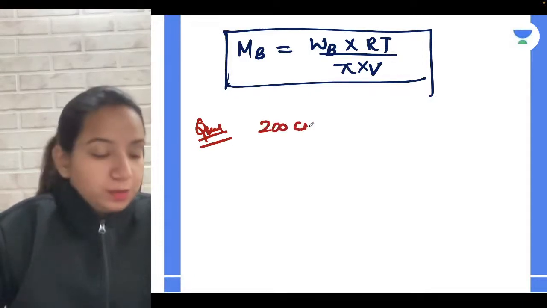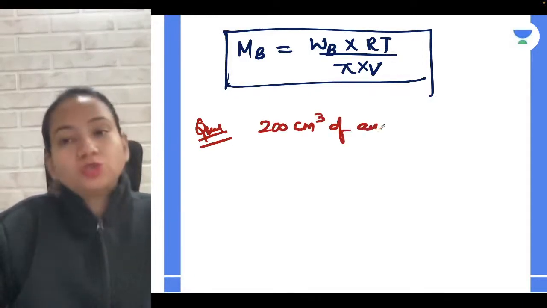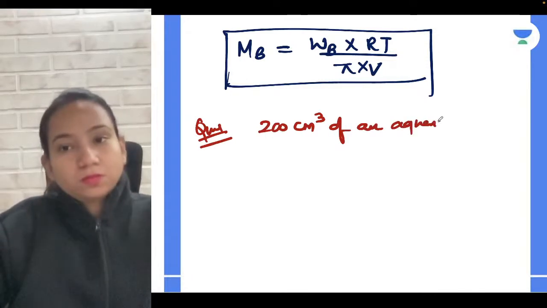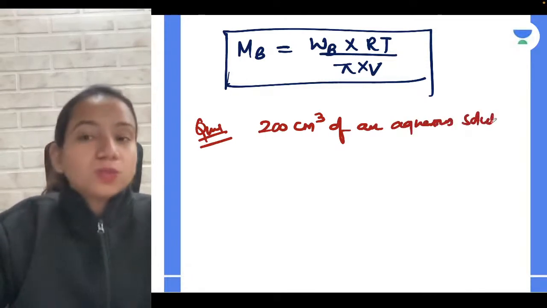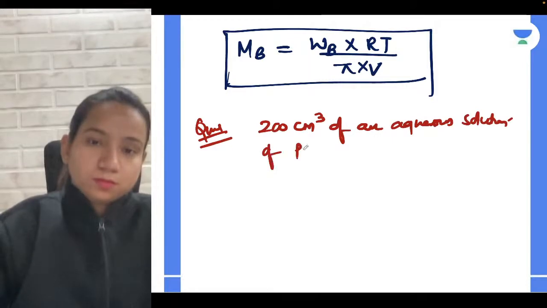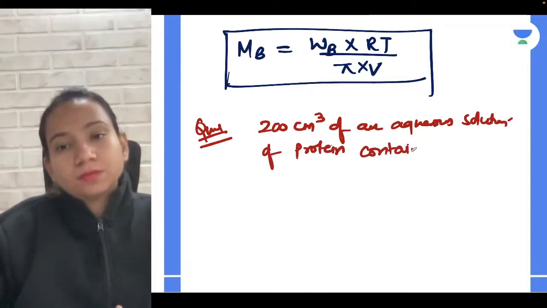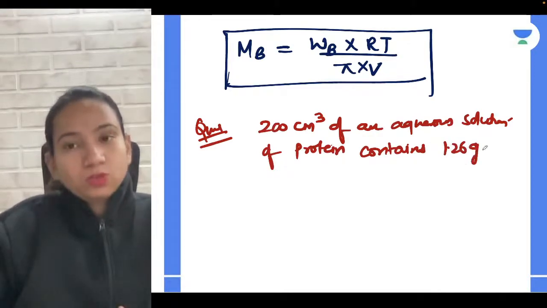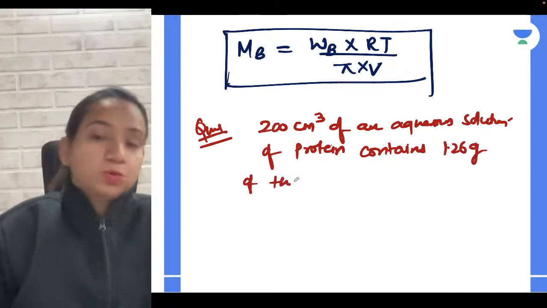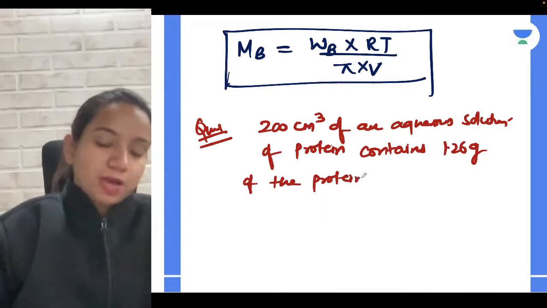A 200 centimeter cube of an aqueous solution of protein contains 1.26 gram of the protein. So they have given the mass.